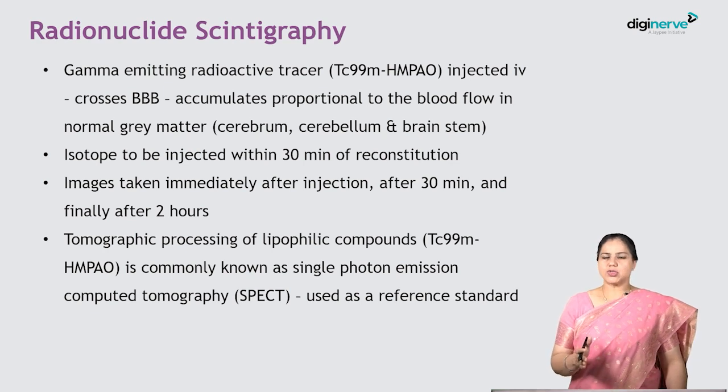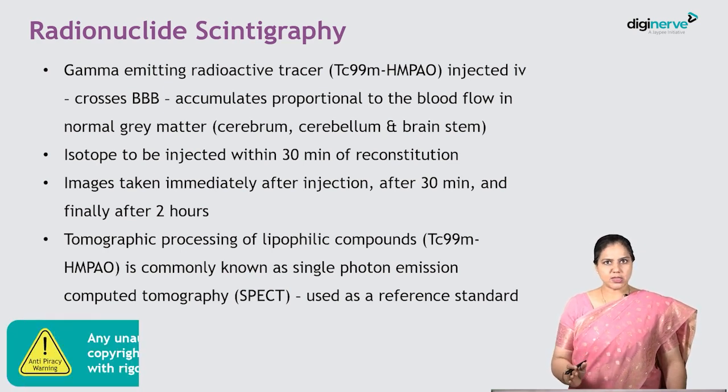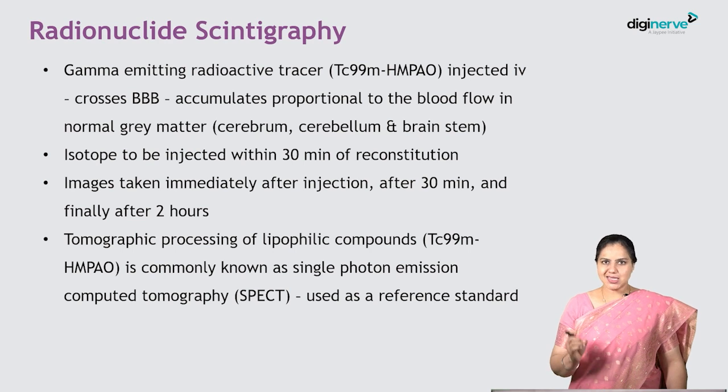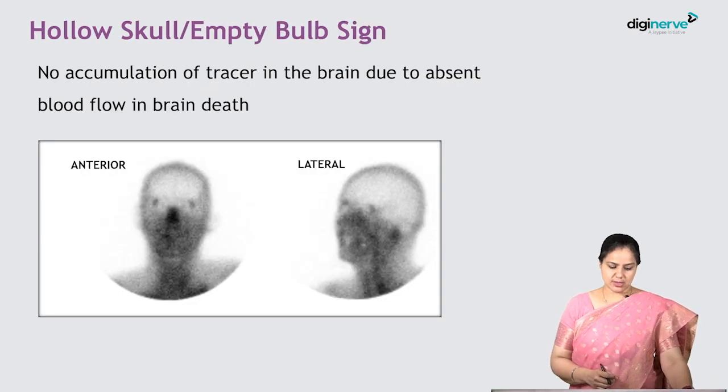Now, the thing that we need to take care of is that the isotope or the tracer that we are injecting should be reconstituted within 30 minutes of injection. And images are taken immediately after IV injection, after 30 minutes, and after 2 hours finally. The tomographic processing of lipophilic compounds is commonly known as single photon emission computed tomography, or SPECT, and this is used as a reference standard.